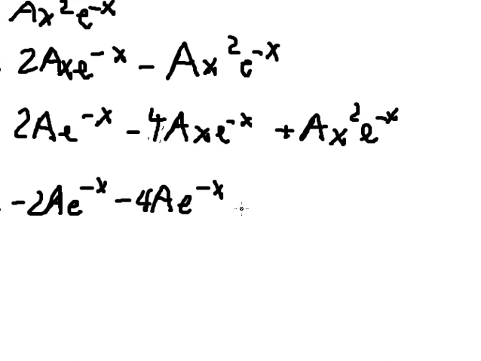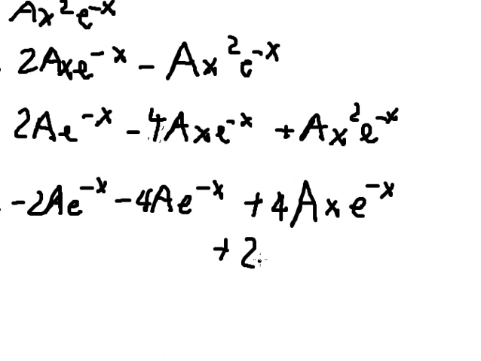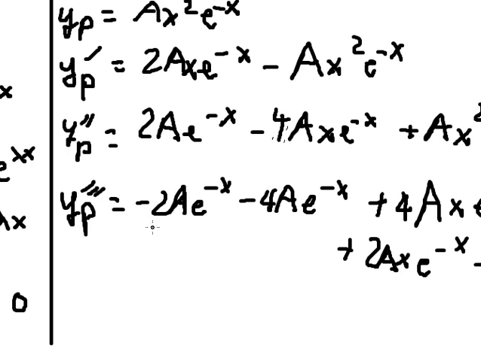And the next one we have positive 4as e to the power of negative s. This one we have 2as e to the power of negative s. And the last one we have negative a s squared e to the power of negative s. So negative 2 with negative 4, that is negative 6.